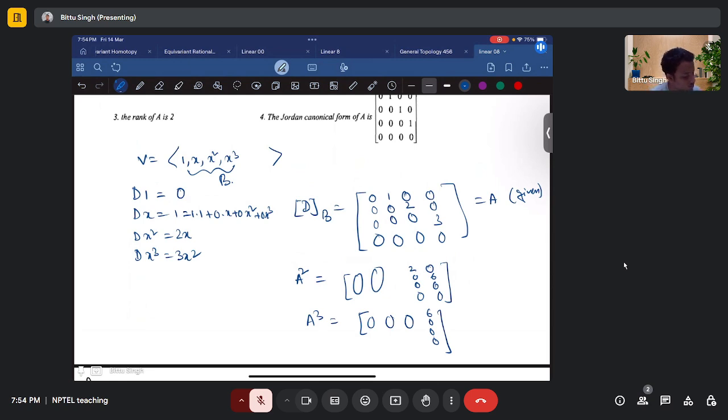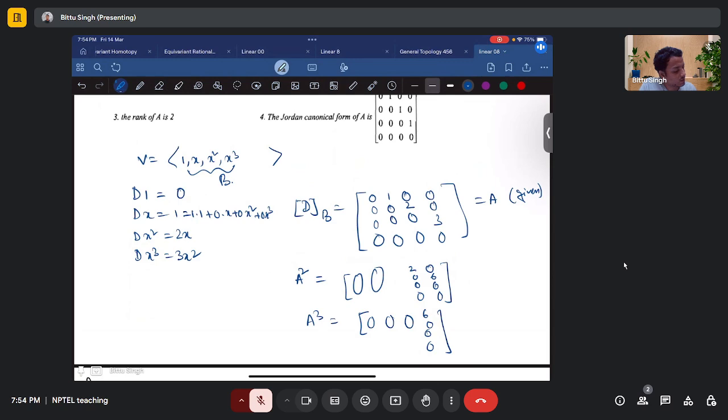Multiply the third column with 3. Oh, third column means 6. Okay, it was okay before. Even you can see that if you differentiate x cube 3 times, you will get 6 only. So that is what it represents.